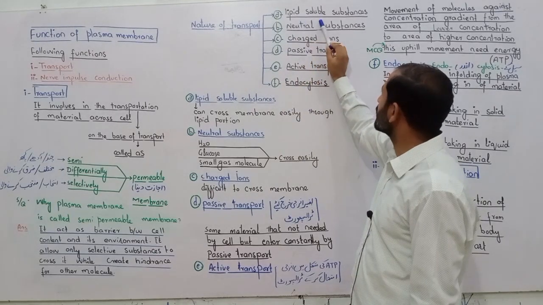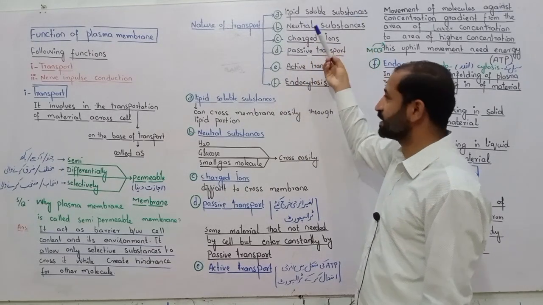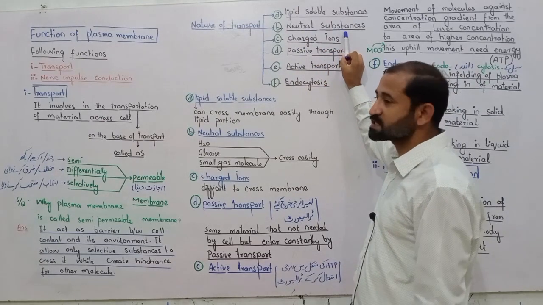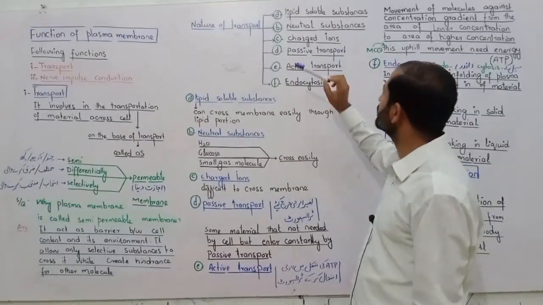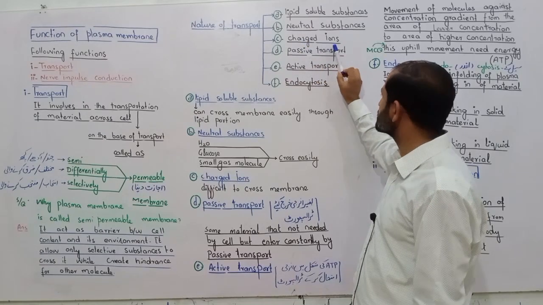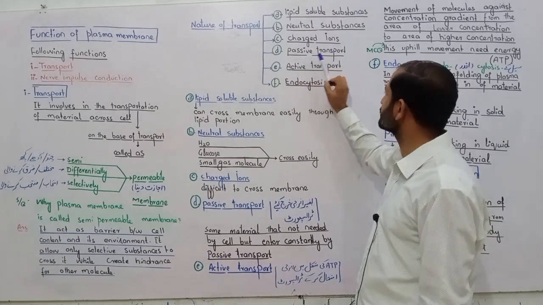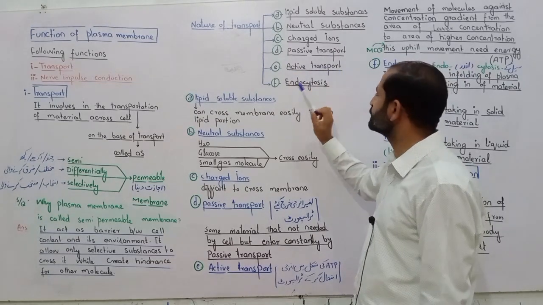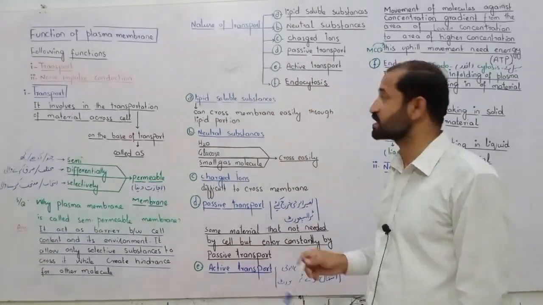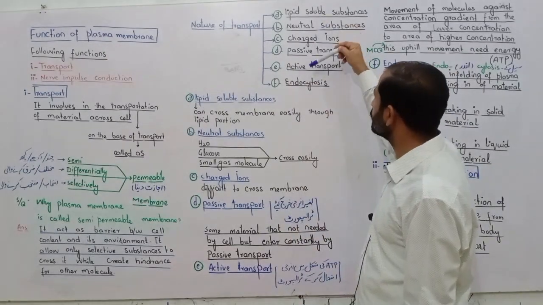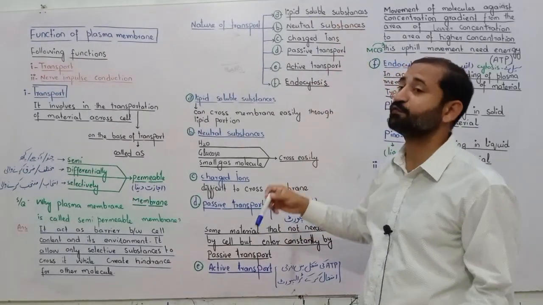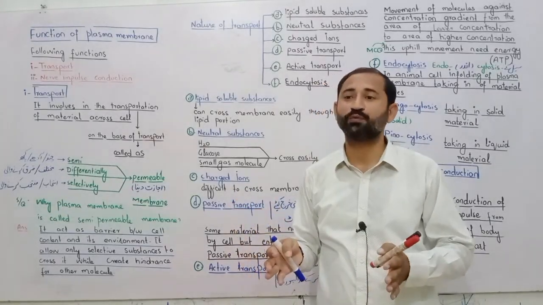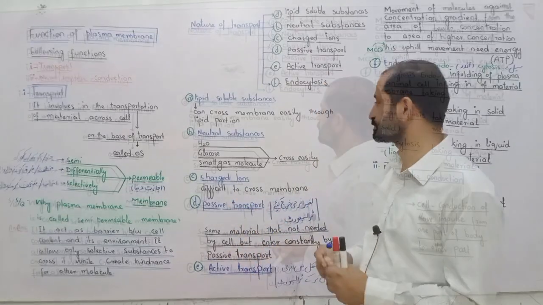Number one, lipid soluble substances; number two, neutral substances; number three, charged ions; number four, passive transport; number five, active transport; and number six, endocytosis. We will discuss these one by one.